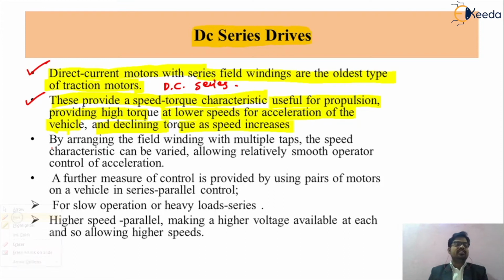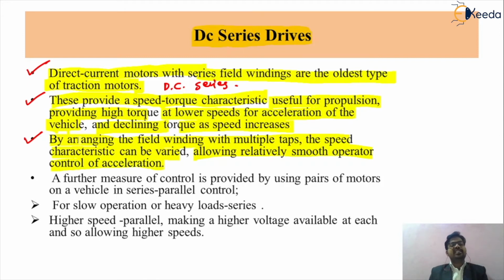In the DC series motor, as we have seen from the basic fundamentals, the field winding is connected in series with the armature winding. By arranging the field winding with multiple taps, the speed characteristics can be varied, allowing relatively smooth control of the acceleration.